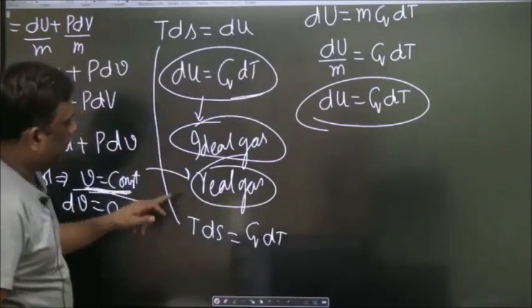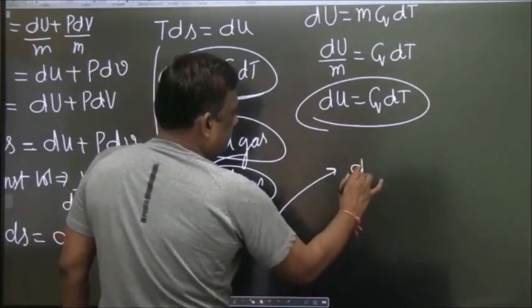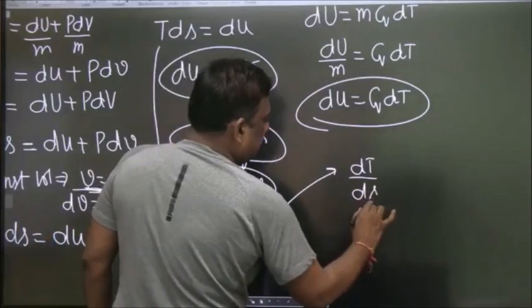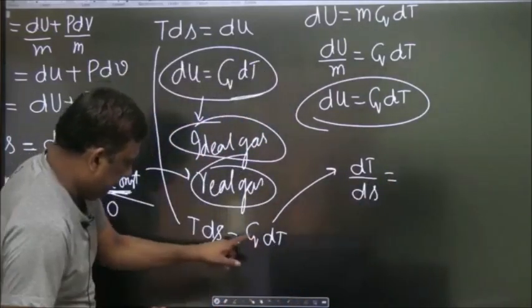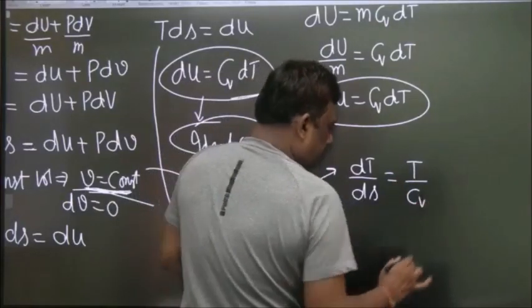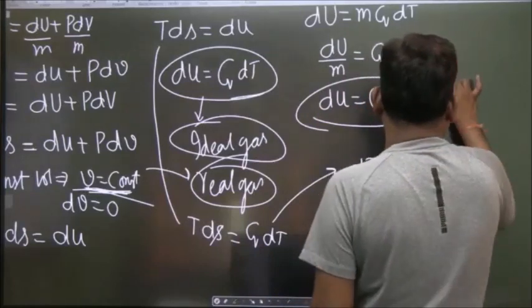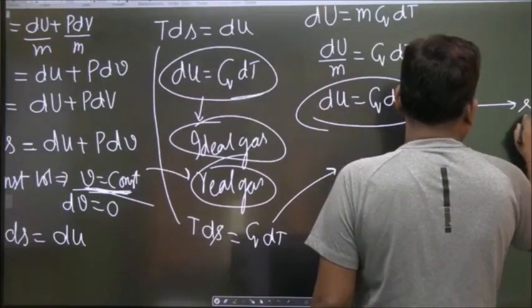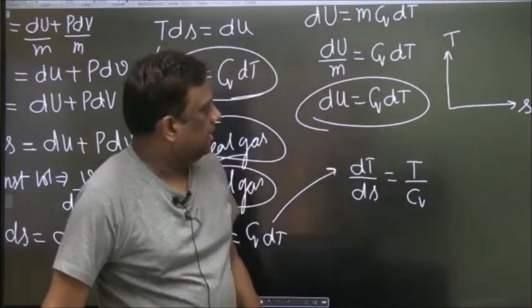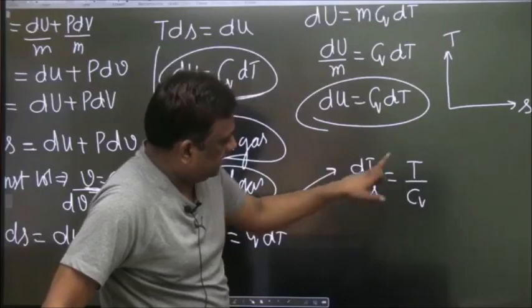So therefore I write this as, of course this is small s, dT by ds is equal to T by Cv. Now observe clearly. dT by ds is T by Cv.